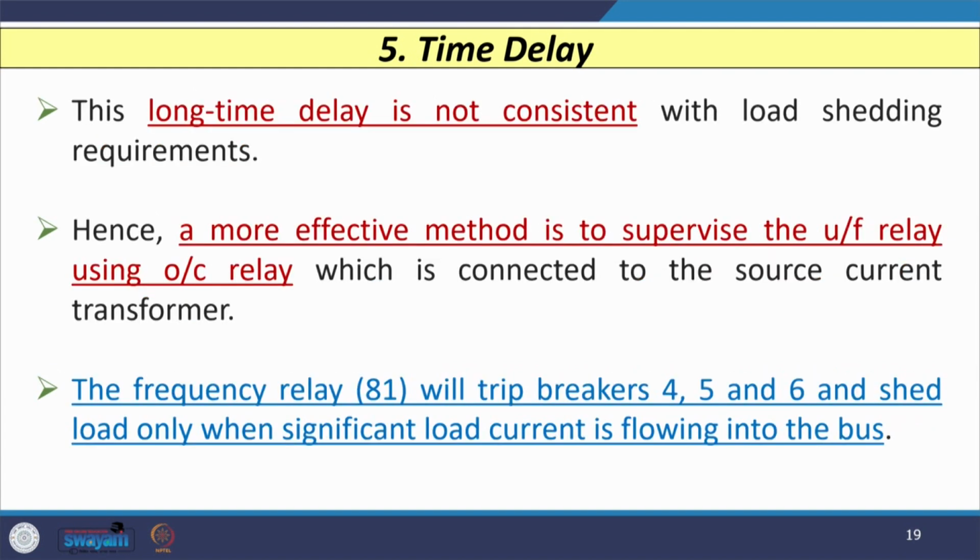However, this long time delay of 30 cycles is not in coordination with the load shedding requirement of this scheme. Hence, if we wish to achieve a more effective method, then the only option is to supervise this under frequency relay by an overcurrent relay.